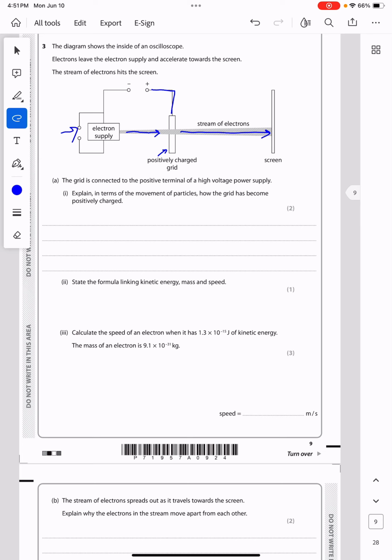So that's an easy question because it only has to do with the charges and whatever you know about them. Now, we know that here this is connected to the positive part, right? And we know that the grid has positive and negative charge. This is because of the atoms.